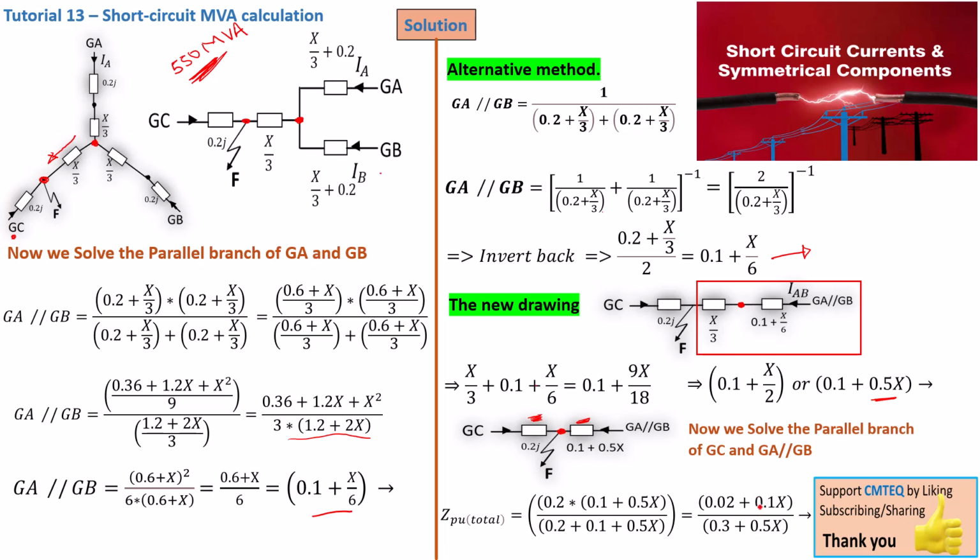Now this is the expression for Z per unit total, but we still have an unknown variable here, x, that we need to find so that we can know what will be the Z per unit total leading to this fault. Now I'm going to stop the tutorial here.